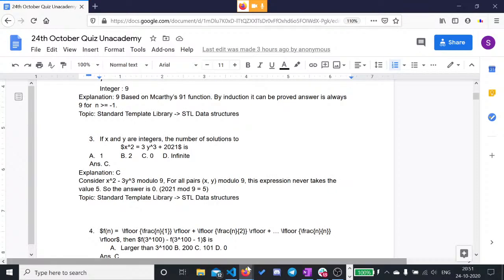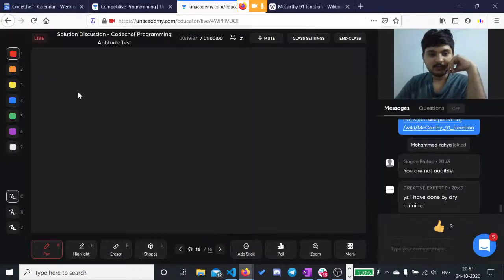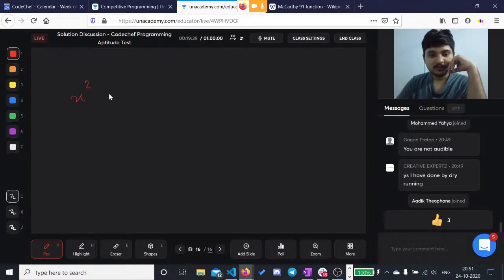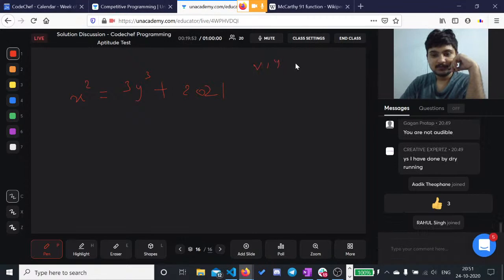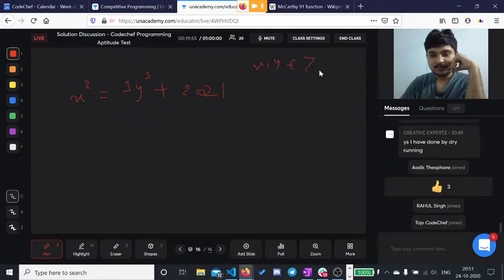The third question is, how many solutions are there to this equation? If you have solved such questions, x and y must be integers, let me say they belong to Z. If you have solved these kind of equations in the past, a quick way to do it is to prove that there are no solutions.